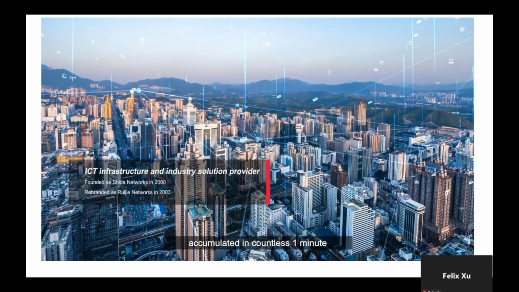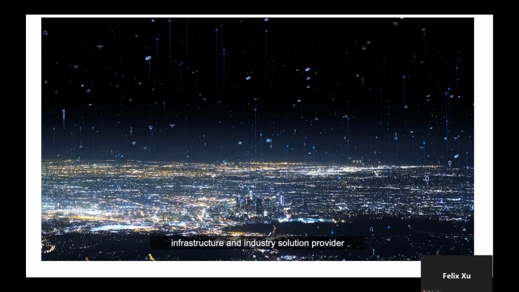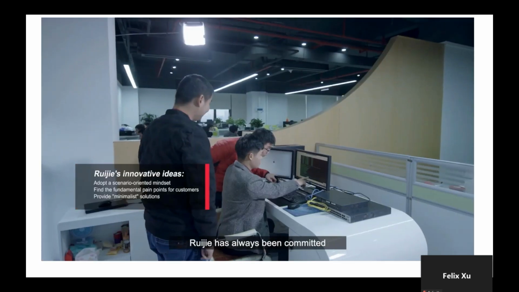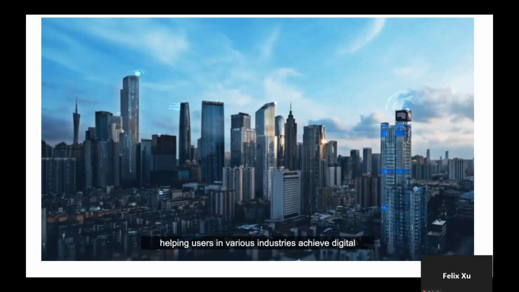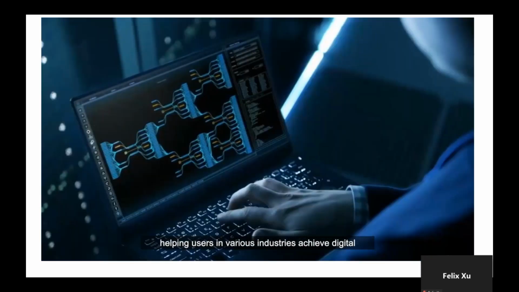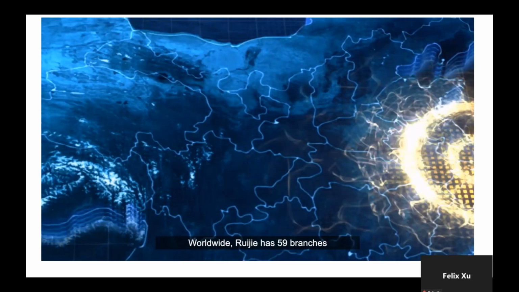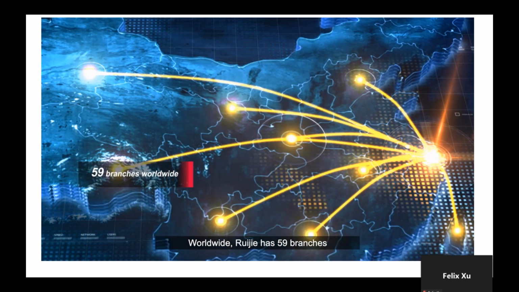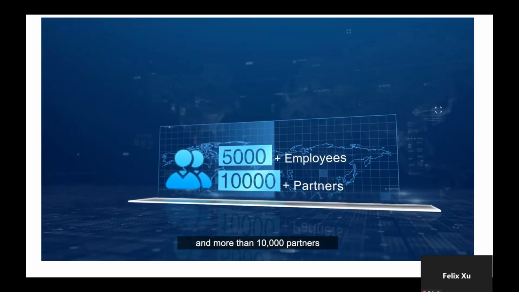As an information and communications technology infrastructure and industry solution provider, Ruijie has always been committed to fully integrating technology into scenarios, helping users in various industries achieve digital transformation and value innovation worldwide. Ruijie has 59 branches, more than 5,000 employees, and more than 10,000 partners.